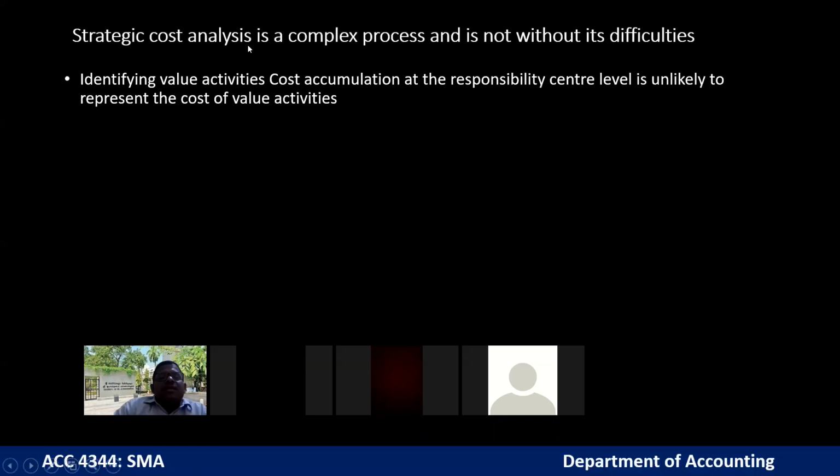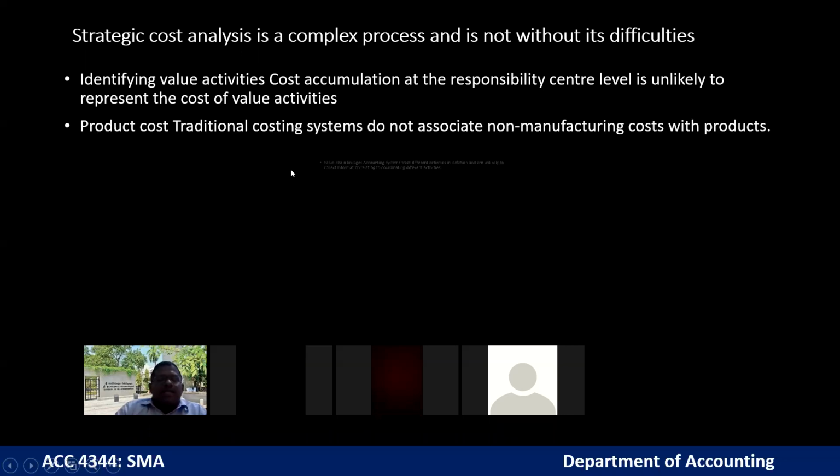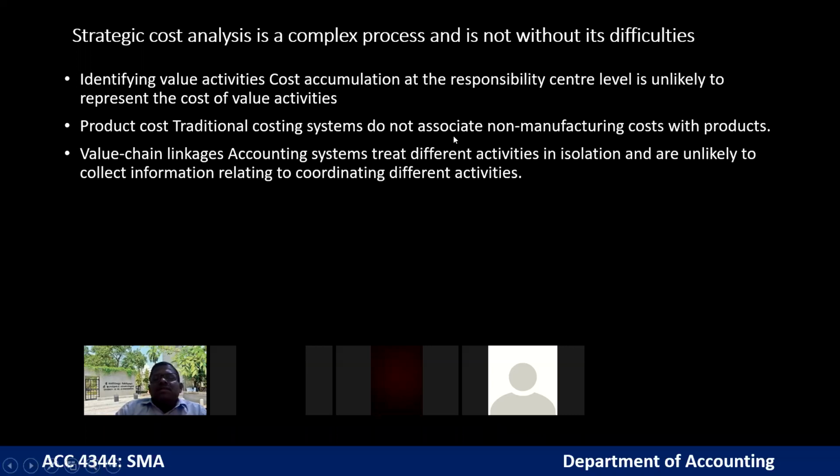Okay, strategic cost analysis is a complex process and is not without its difficulties. Identify value activities: cost accumulation at the responsibility center level is unlikely to represent the cost of value activities. Product cost: traditional costing systems do not associate non-manufacturing cost with product.